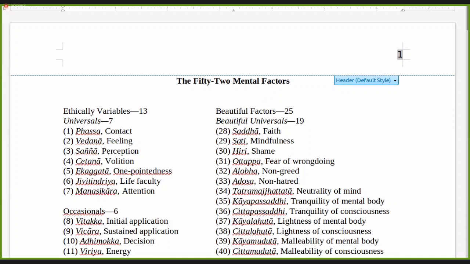The function of virya is to support its associated states. With the help of virya, the associated states can stay on the object. They are reinforced by this mental energy.